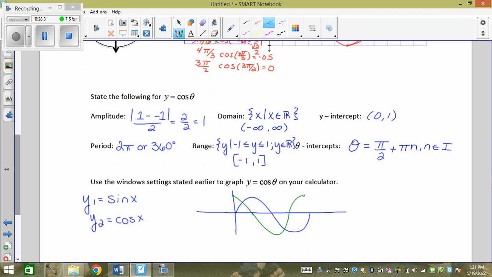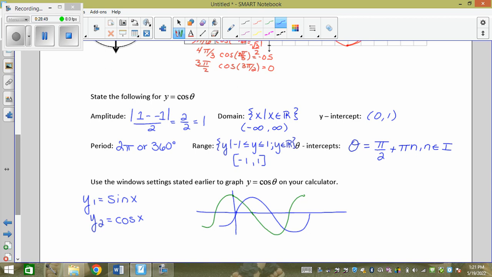Pretend those are the same height. So you're going to have something like that. If we actually extend this, it would look like that. So these graphs look exactly the same, just shifted.